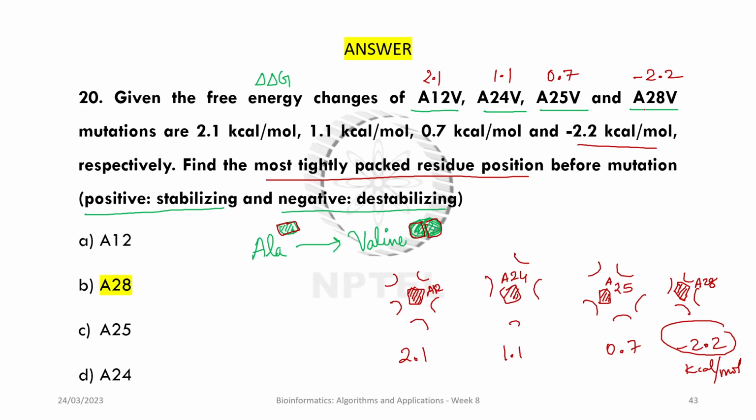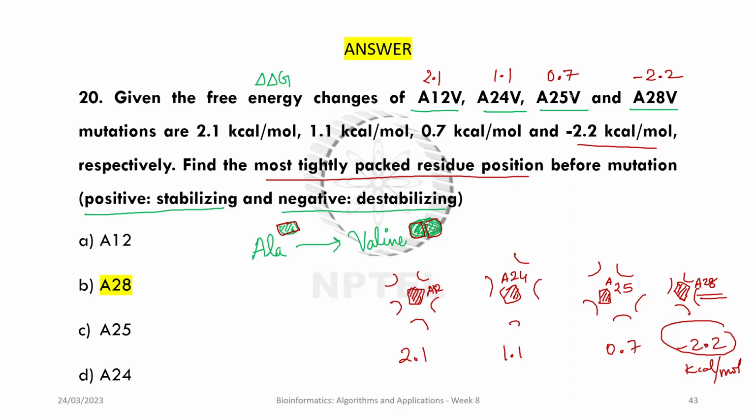Since it is negative, it probably means that valine substituting for alanine has given rise to some problem. Why would that be? Because there's no place. What other difference is there between alanine and valine? It's just the length of the side chain, right? So you can inversely correlate that the most tightly packed residue position before mutation would be alanine 28 rather than 25, 24, or 12, simply because replacement with valine gave a positive free energy change for all other three residues.